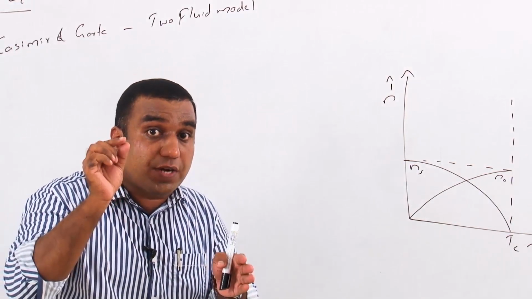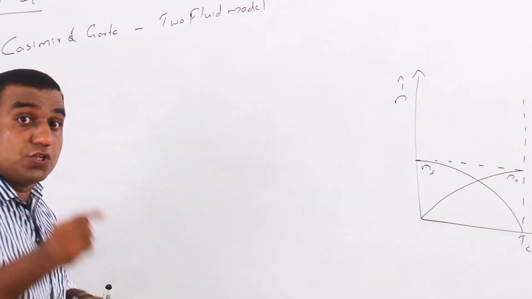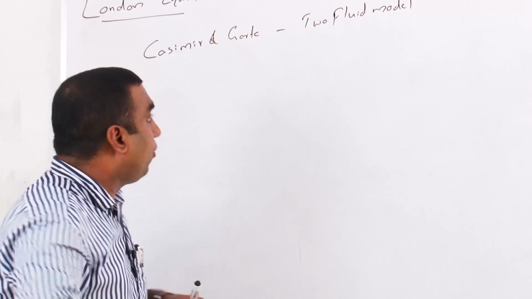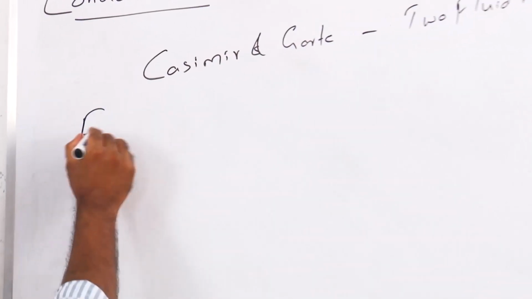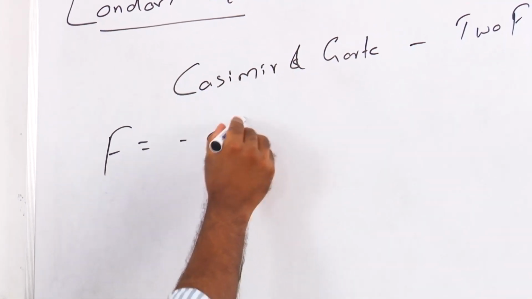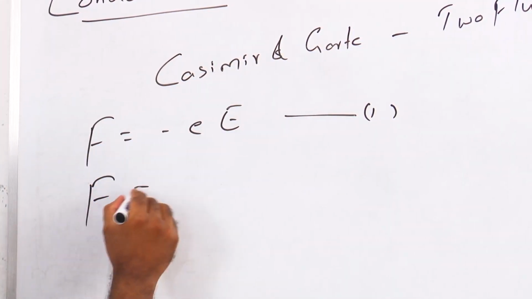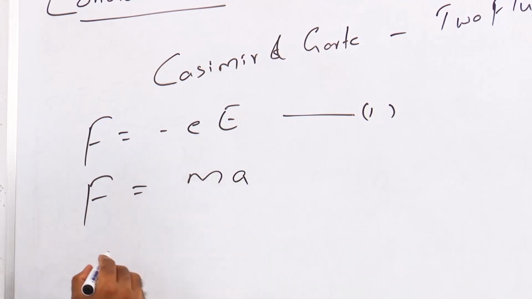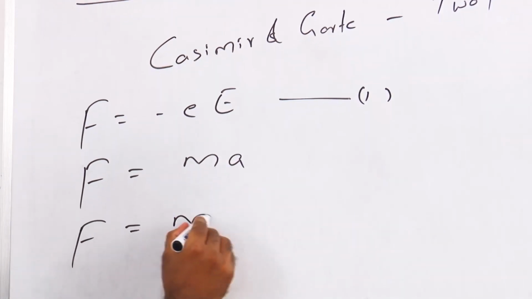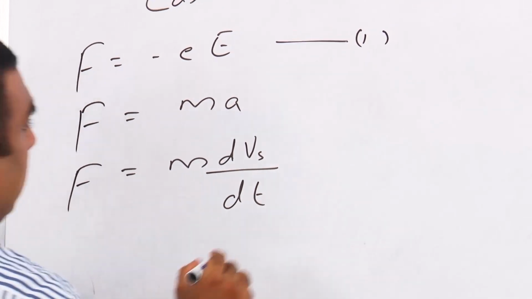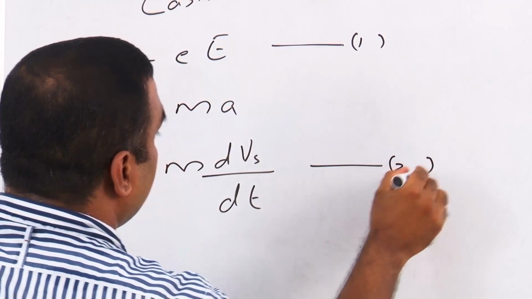And due to this small transitory electric field, the superelectrons inside the superconductor experience a force given by F is equal to minus eE. Let that be relation number 1. From Newton's second law, F is equal to ma, or F is equal to m dvs by dt. Let that be relation number 2.